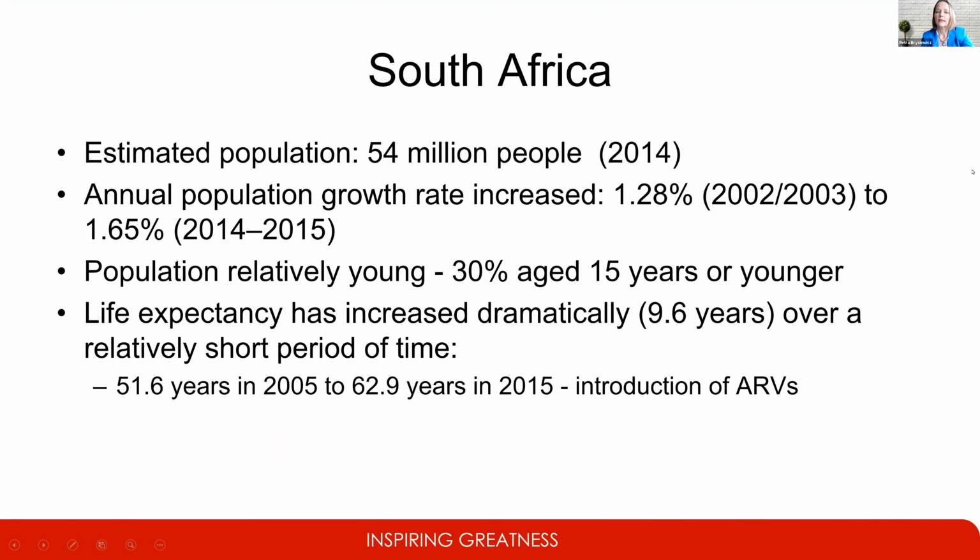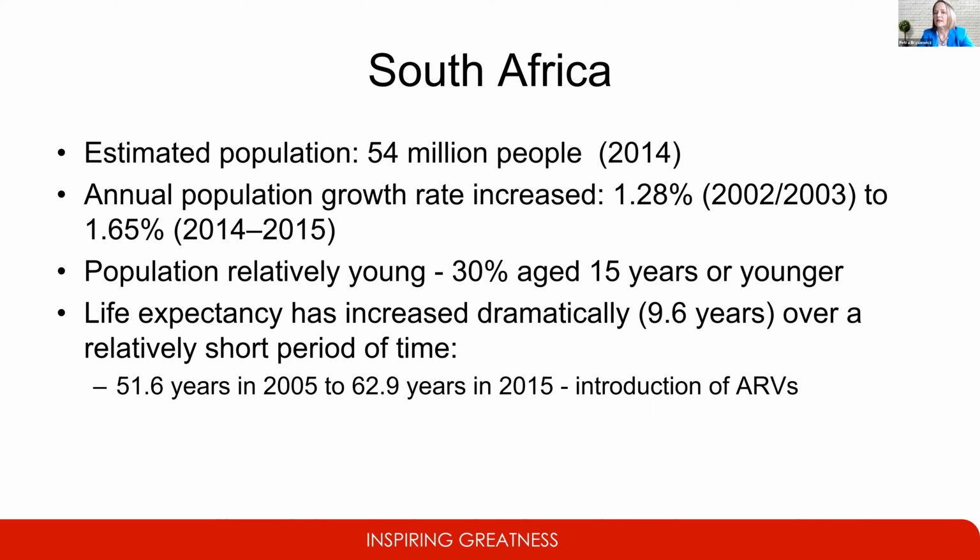So just to tell you a little bit about South Africa, we have an estimated population of 54 million, and we have a relatively young population. You will see that 30% are ages 15 years or younger.